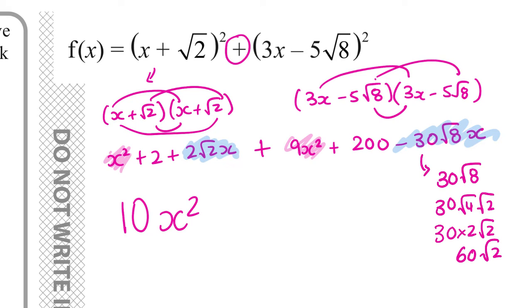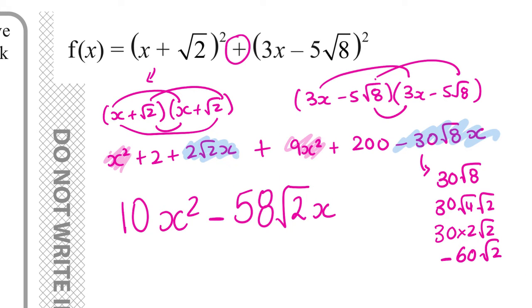You need to show that that is 60 root 2. So 2 root 2 minus 60 root 2 is minus 58 root 2x. If you do not show that 30 root 8 is 60 root 2, you're going to lose 1 mark here.